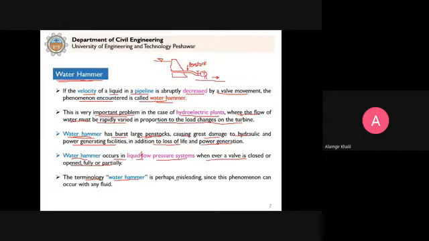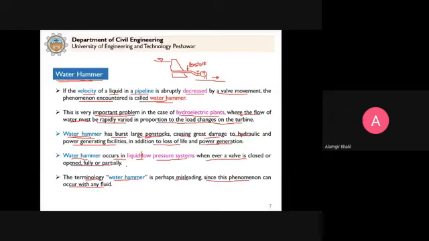This is perhaps misleading since this phenomenon can occur with any fluid. Since water is plentiful around us, in the water supply systems, in the rivers, etc., we commonly use water as compared to other fluids or liquids.